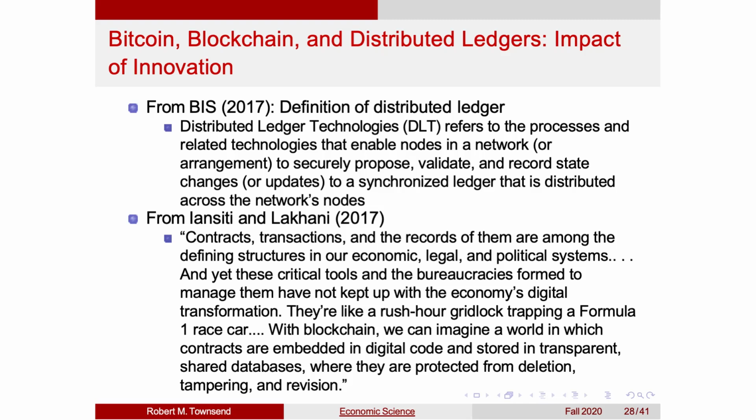They're like a rush hour gridlock trapping a Formula One race car. With blockchain, we can imagine a world in which contracts are embedded in digital code, stored in transparent, shared databases, where they are protected from deletion, tampering, and revision. In other words, the entire landscape can change with these new technologies.